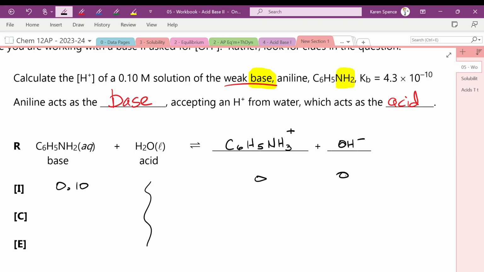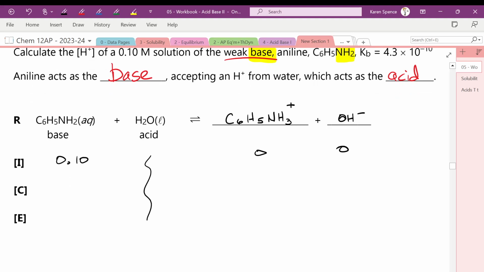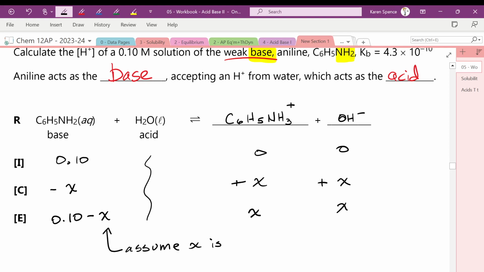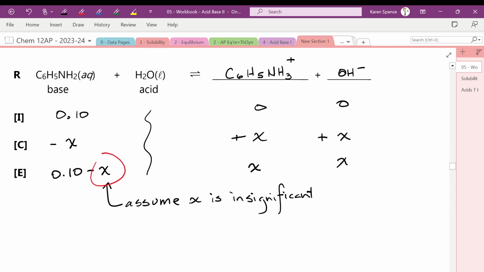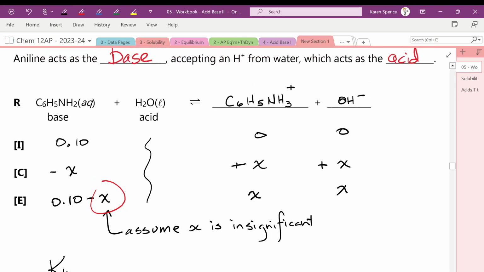We assume that the X is small. Do you know why people want to use a Ka?